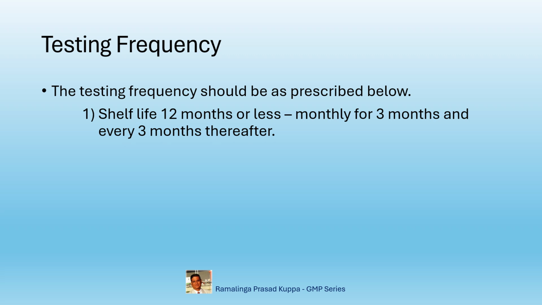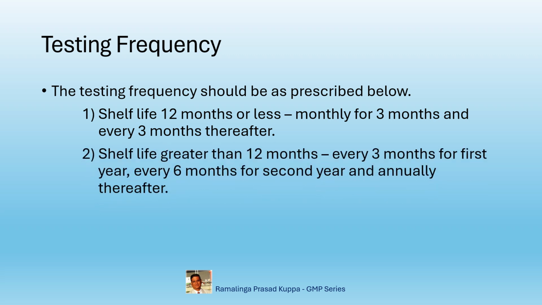This is the requirement for products with a shelf life of less than 12 months. 2. Shelf life greater than 12 months: every 3 months for the first year, every 6 months for the second year, and annually thereafter. This second point is the same as the earlier requirement.